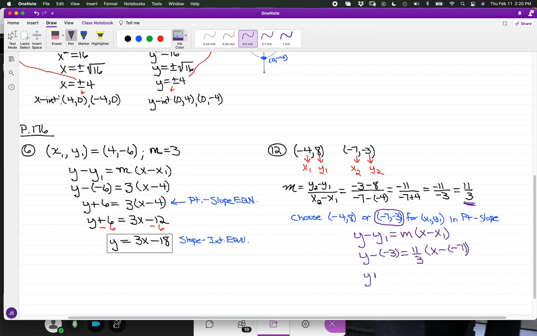So we now have y plus 3 is equal to 11/3 times the quantity x plus 7. Let me just mention, this is going to be the point-slope equation upon choosing (-7, -3). If I had chosen (-4, 8), I would have a different point-slope equation, but it will still lead to the same slope-intercept equation.